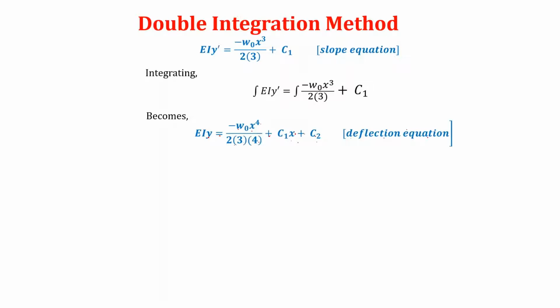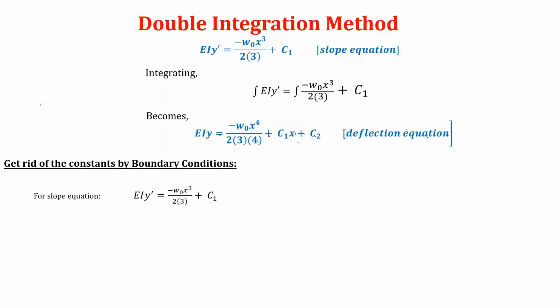Now, as you can see, we have the introduction of the constants C1 and C2. So we have to find a way to get rid of them. Use the boundary conditions.